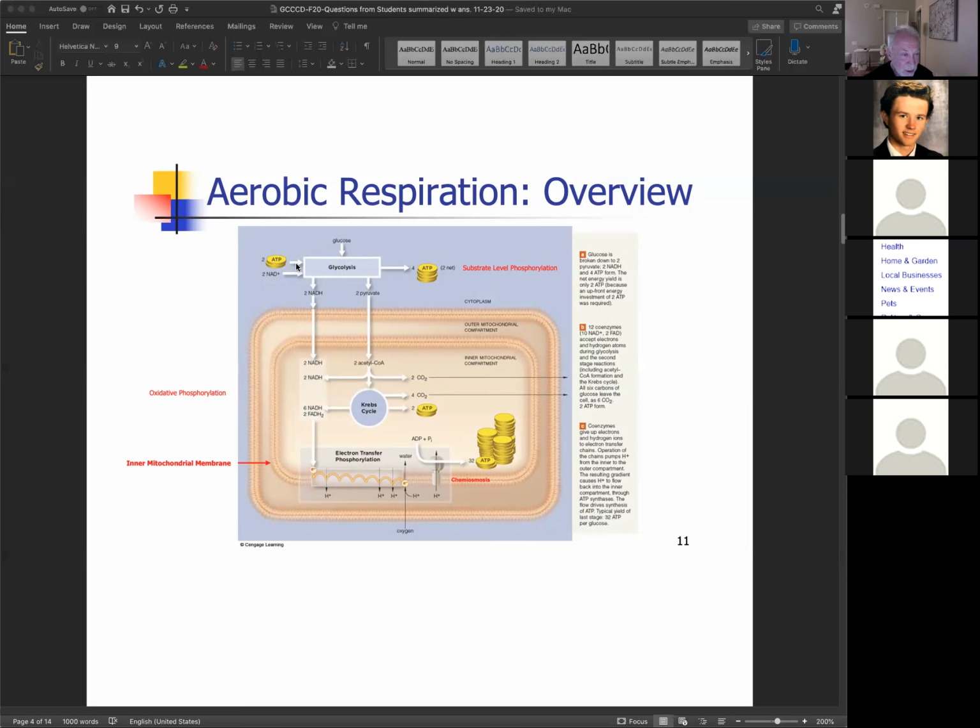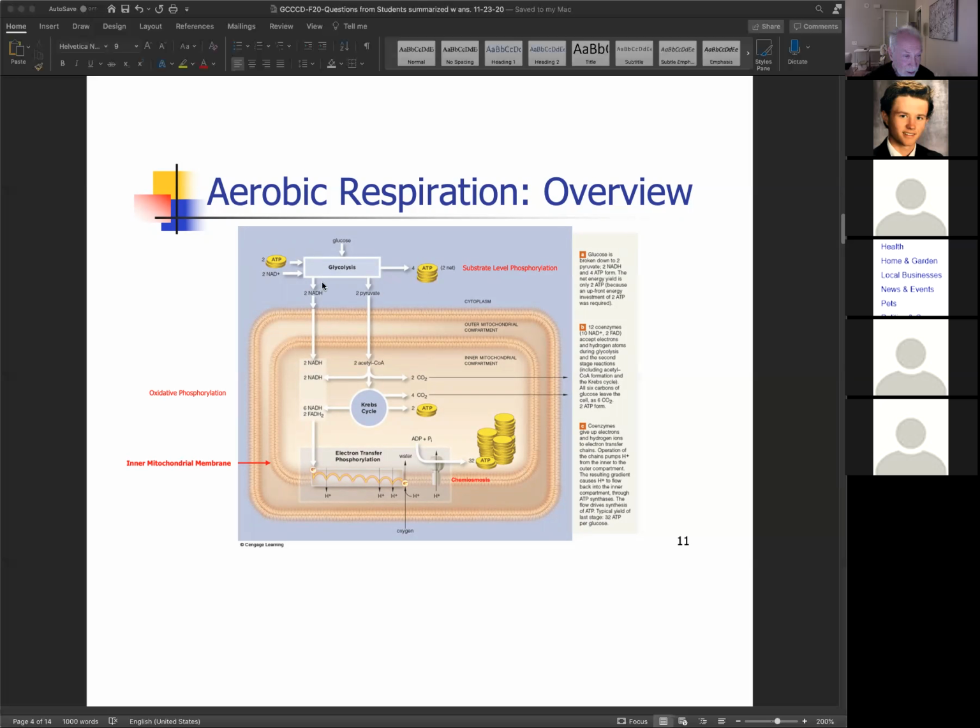So glycolysis requires 2 ATP molecules in order to proceed, but because there are 2 points of substrate level phosphorylation during glycolysis, there's a total yield of 4 ATPs, a net yield of 2 ATPs from glycolysis of 1 molecule of glucose.